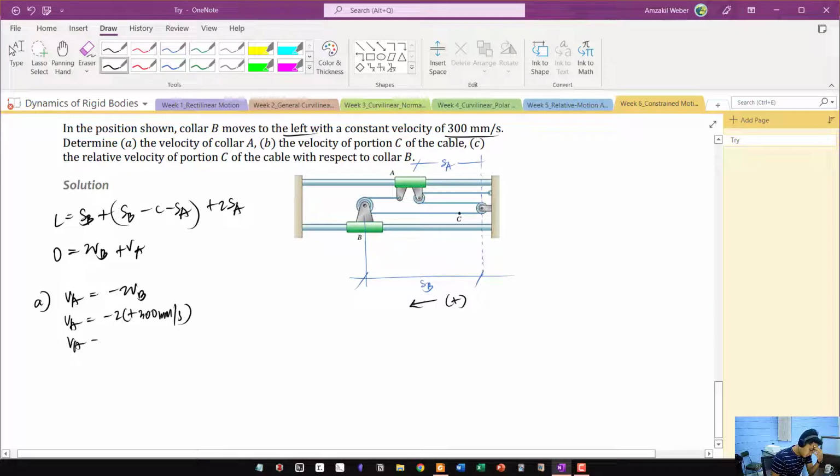That would mean negative 600 mm per second, or VA is equal to 600 mm per second, negative, to the right.